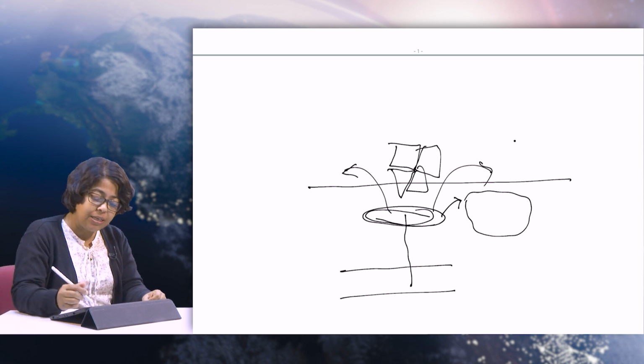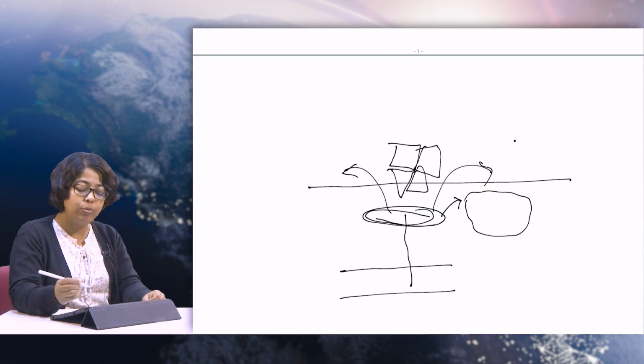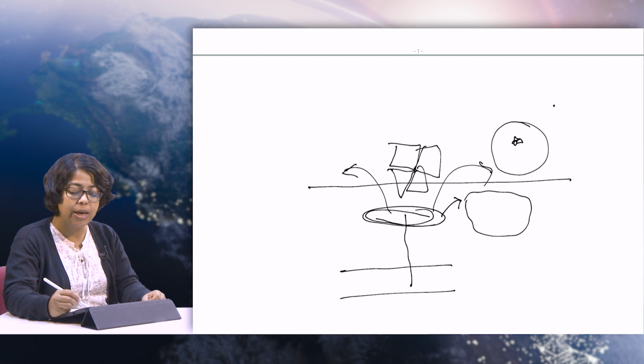So, if we find something which basically came from inside but then actually cooled down on the surface, we are going to find very fine crystals. Okay? And these are typical things that we generally called extrusive rock.